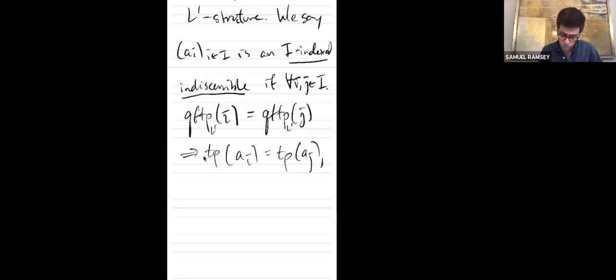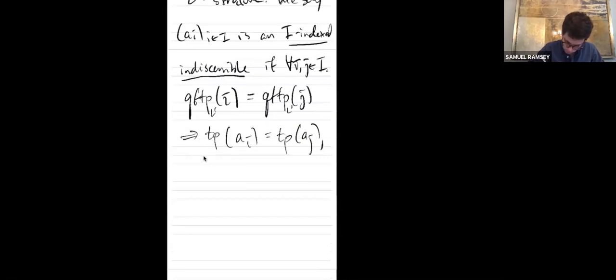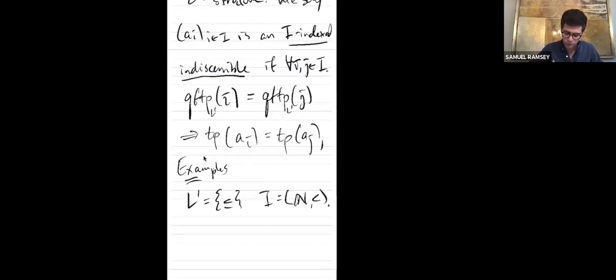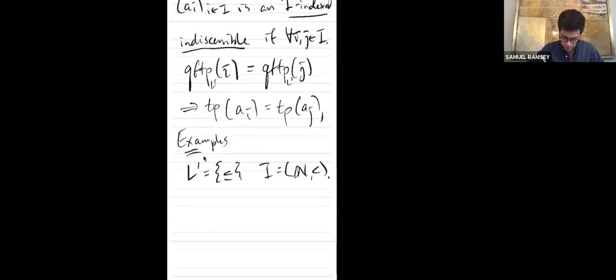Okay, so let's think about some examples. One possibility for L prime is the language of linear order, and I can just be the natural numbers. Then an I-indexed indiscernible is the same thing as an indiscernible sequence.